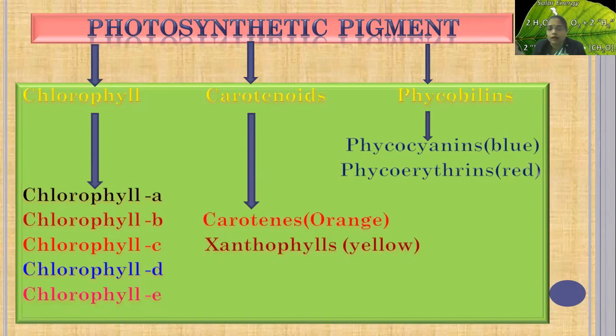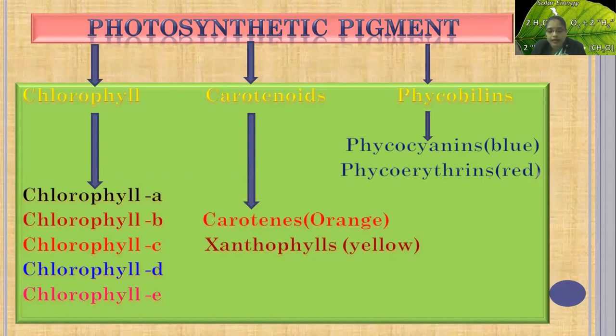From these three, chlorophyll, carotenoid, and phycobilins, only chlorophyll is the main active pigment of photosynthesis, greenish in coloration, insoluble in water but soluble in organic solvent. There are 7 types of chlorophyll: A, B, C, D, E, and the remaining bacterial ones.